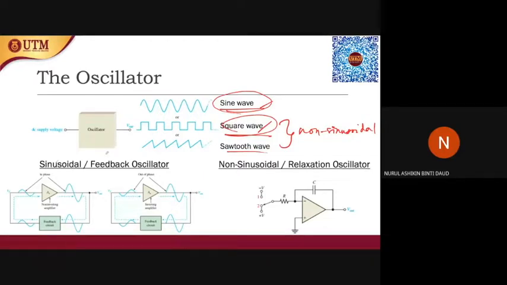For the sinusoidal feedback oscillator, the configuration looks like this. This is the in-phase case. When the input signal is in phase, a non-inverting amplifier will work.